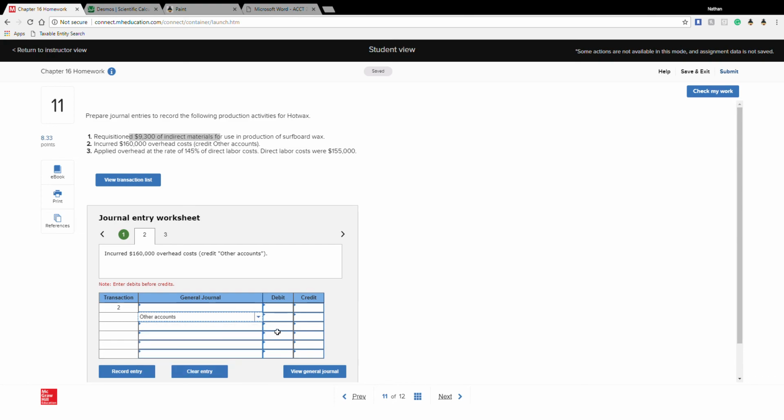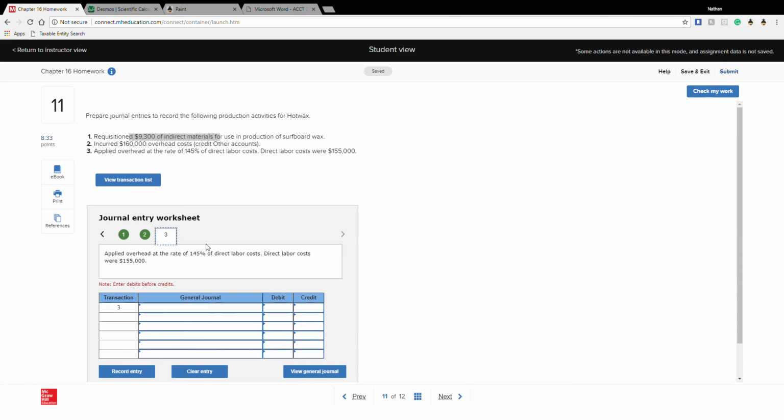So since it says that already, we're going to go ahead and credit other accounts. And again, since this is overhead cost, we're going to debit factory overhead. Again, this is our actual costs that are going on. We haven't figured out basically our applied.